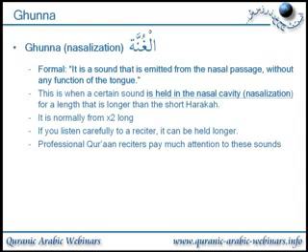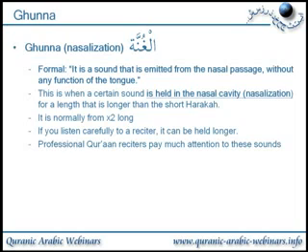Now for the length, normally in Tajweed, when you have a ghunna, you hold the length of the sound for two longs in relation to the length of one length, which is your normal single fatha, kasra or dhamma. If you listen carefully to reciters, when they do the ghunna, they sometimes hold it a bit longer because it's the real beautification of your recitation.